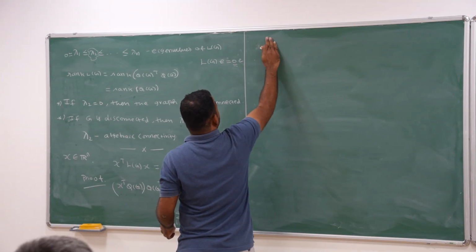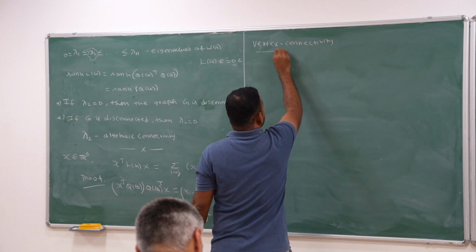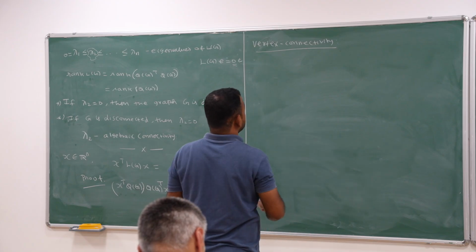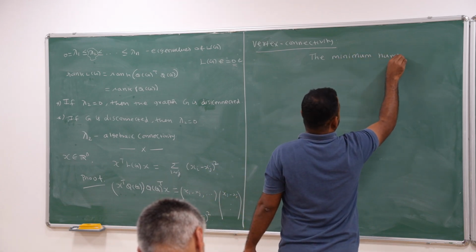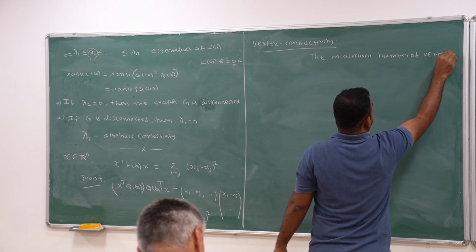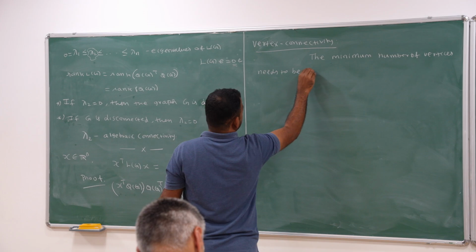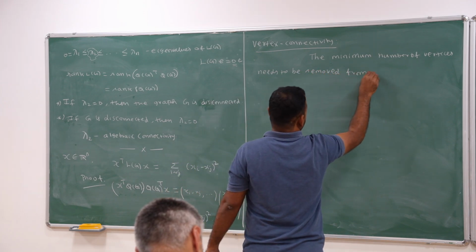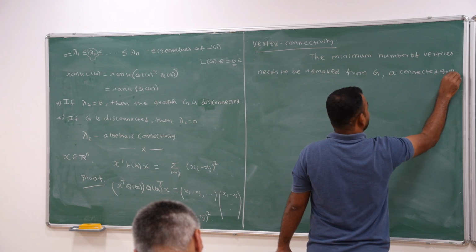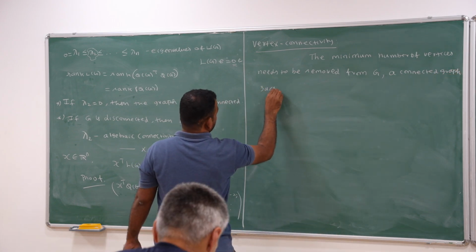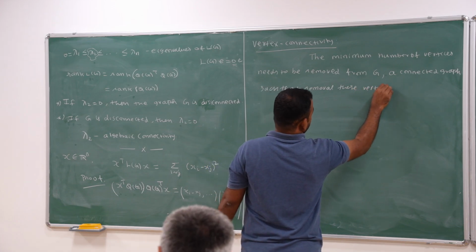So let us define vertex connectivity. This is the minimum number of vertices that need to be removed from G. Let us take a connected graph; you can define it for disconnected graphs too, such that removal of these vertices disconnects the graph.